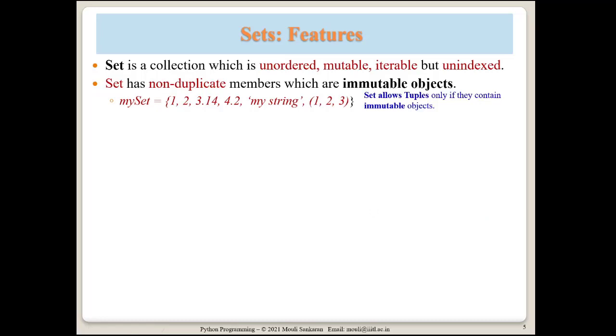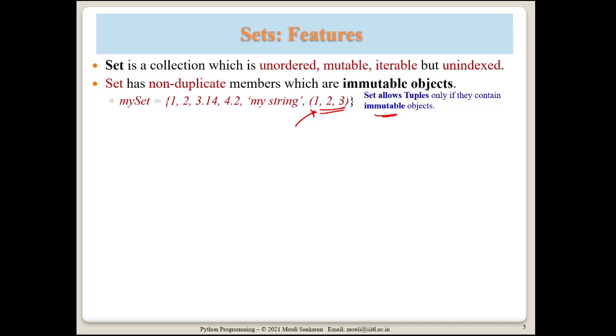Now it allows tuples only if they contain immutable objects, because you saw that a tuple itself can have mutable objects also, but set allows a tuple only if it contains a sequence of immutable objects.